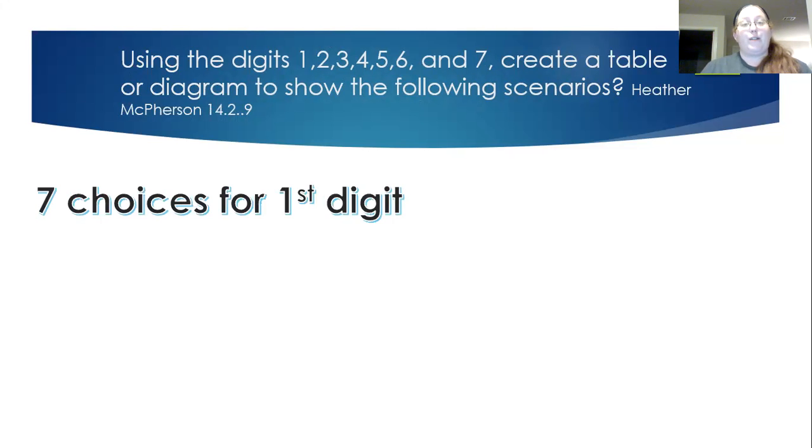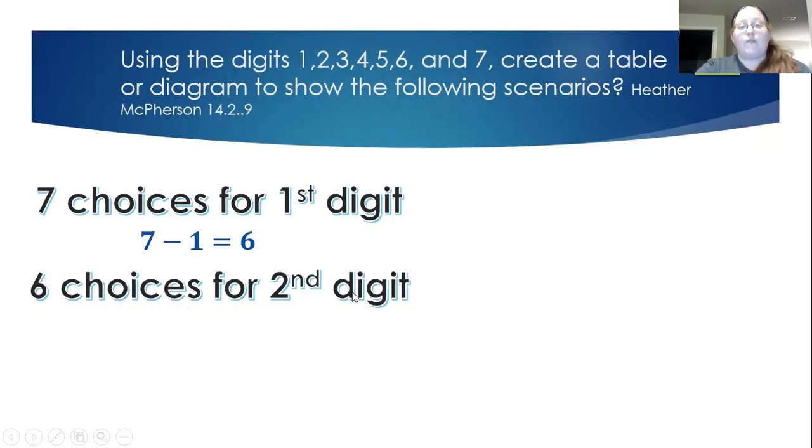Well, there are 7 digits, so of course there are 7 choices for the first digit. Now, since repetition is not allowed, the second digit cannot be the first digit, so we're going to do 7 minus 1 equals 6. That means there are 6 choices for the second digit, and we're looking for 3 digits, right?